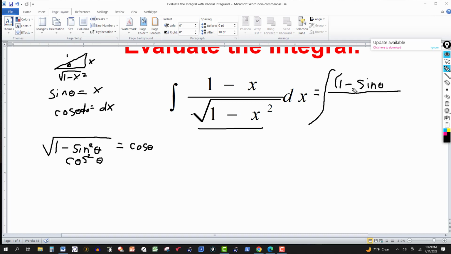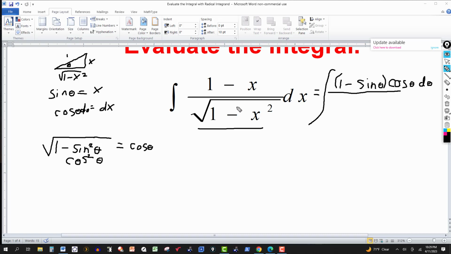I'll put parentheses on this one here. And then dx can be replaced by cosine theta d theta.